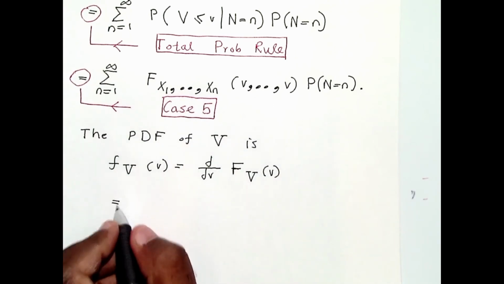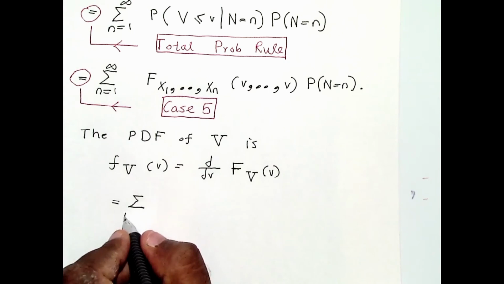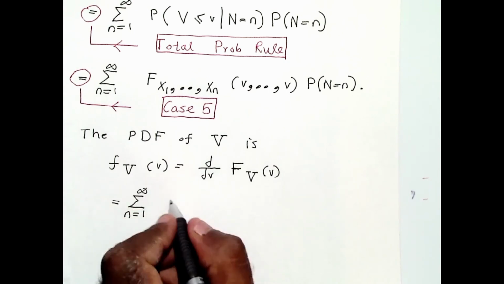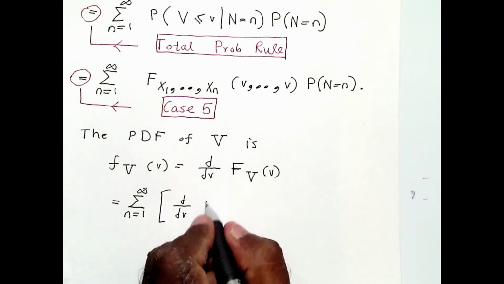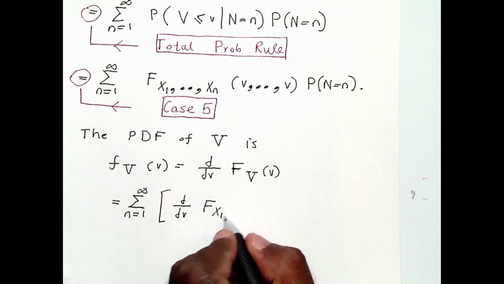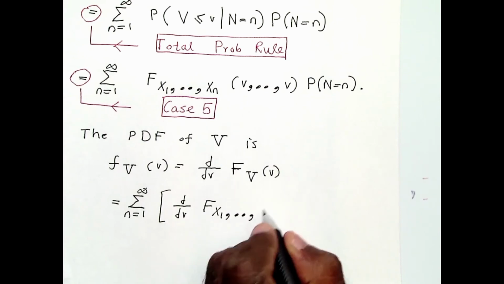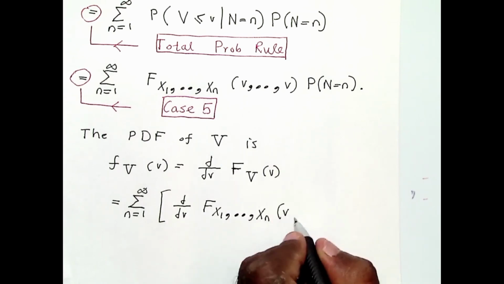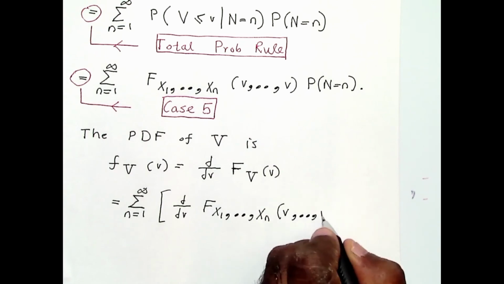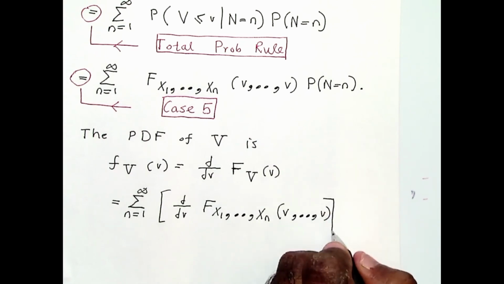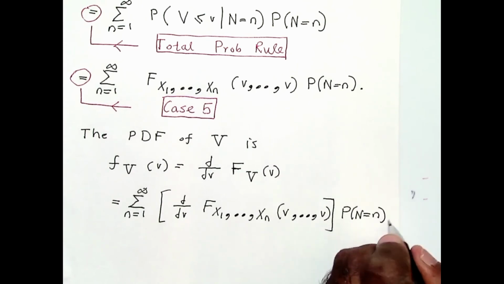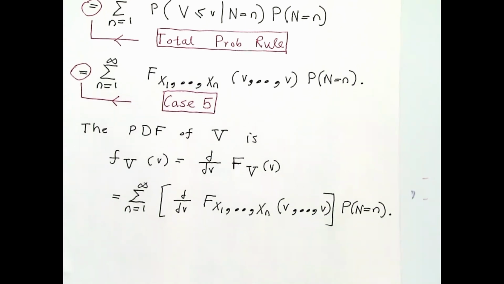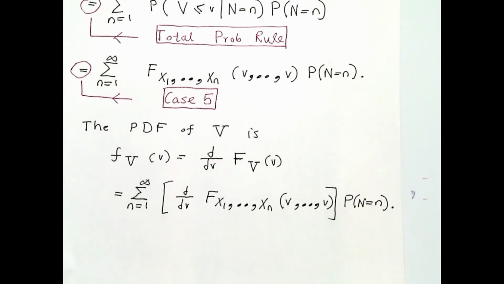You can write it like this. It's the sum from 1 to infinity of the derivative of the joint CDF, right, multiplied by the probability that N equals n. So this completes case 6 and also completes the portfolio theory.